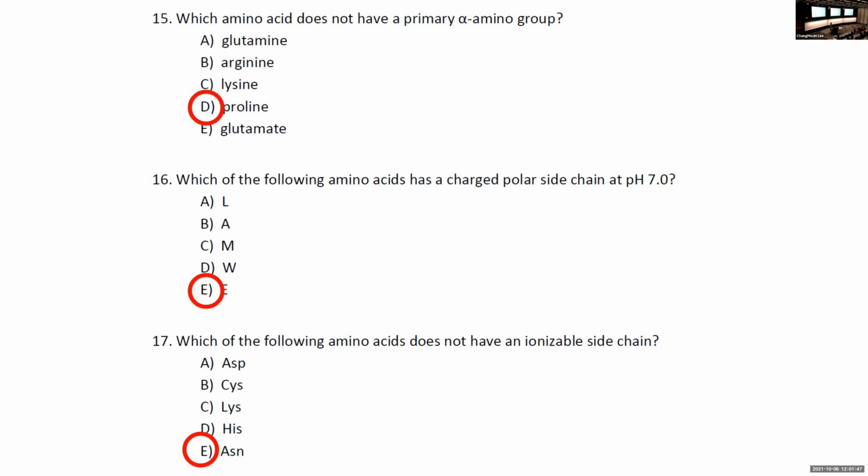Yeah, as it says, it's E, which means that all of the others can be ionized. And how come? What does being ionized mean? You got it?